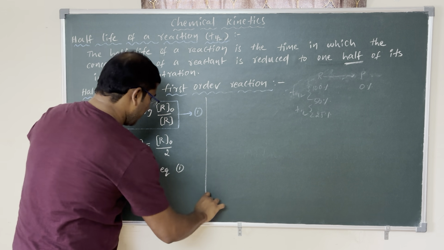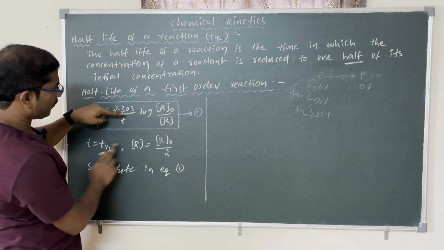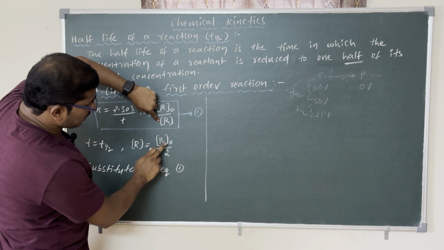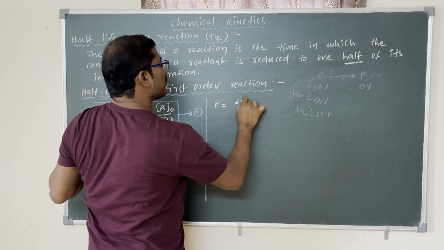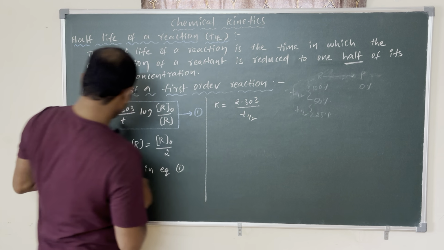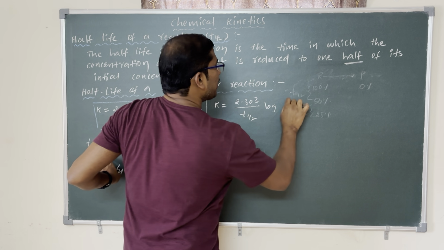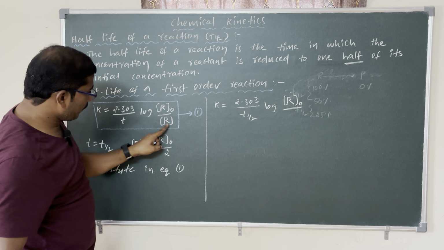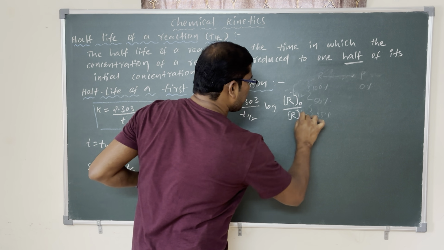In equation 1, in the place of T I substitute T half, and in the place of concentration of reactants I substitute initial concentration divided by 2. So K is equal to 2.303 divided by T half, log of initial concentration of reactants divided by initial concentration of reactants divided by 2.